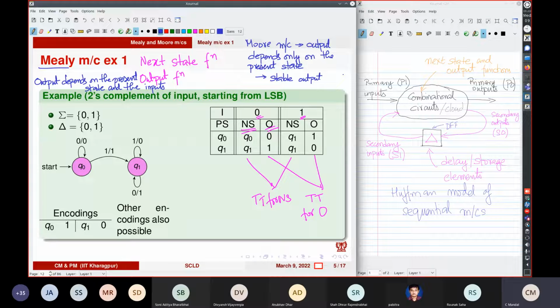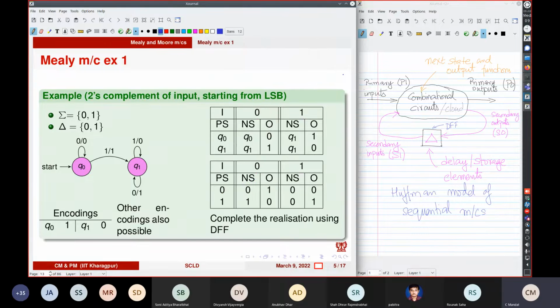So in fact, here for this encoding, this is how you get the truth table, right? Wherever there is Q0, I put a 1, and wherever there is a Q1, or have I done it the other way around?